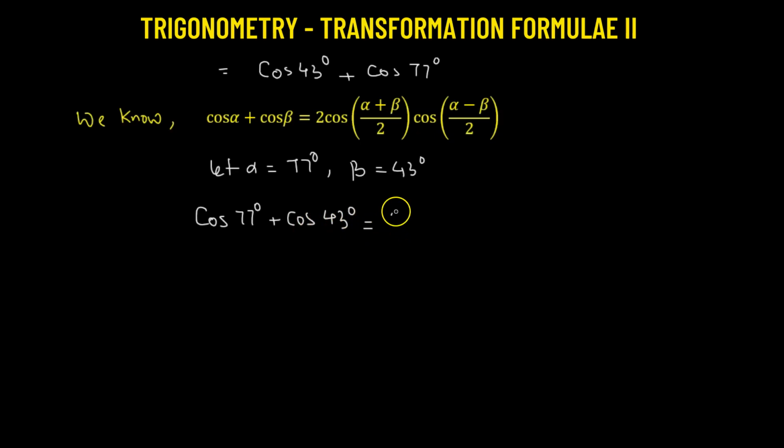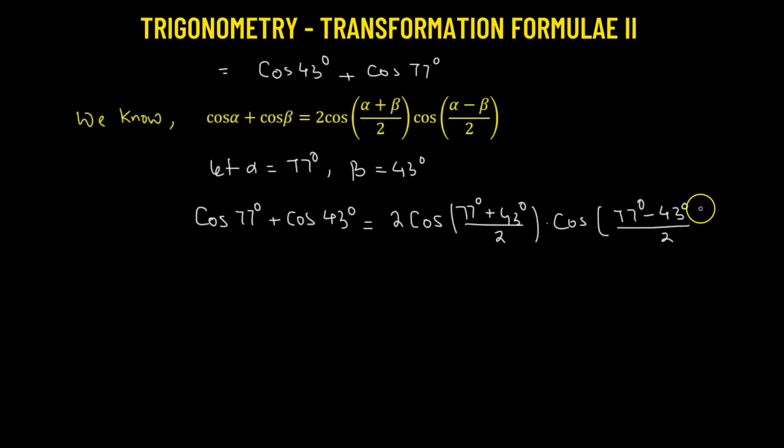That's going to be equal to 2 times cosine of (alpha plus beta) over 2. So we have 77 degrees plus 43 degrees, divided by 2, multiplied by cosine of 77 degrees minus 43 degrees, divided by 2. So this becomes 2 times cosine of 120 divided by 2, multiplied by cosine of 77 minus 43, which is 34, divided by 2 degrees.